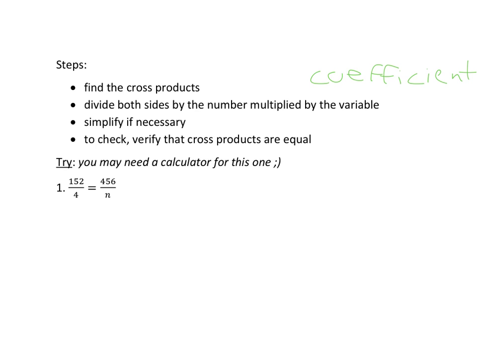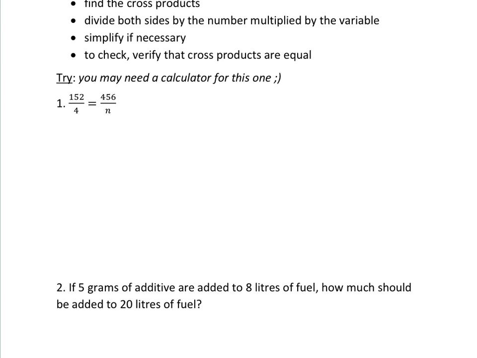Here's another one, and because of the size of the numbers, you may want to use a calculator. You can try this on your own by pressing pause, or you can just follow along. So I have 152 over 4 equals 456 over n. I'm going to do the cross product. So 152n equals 456 times 4, which gives me 1824.